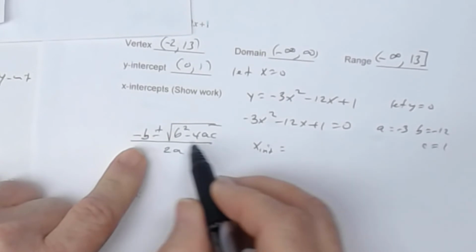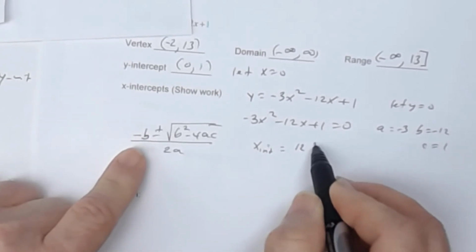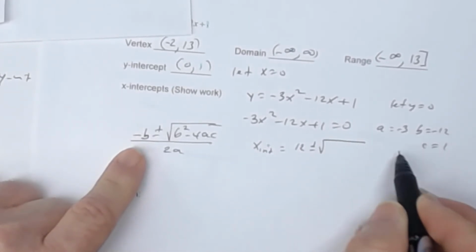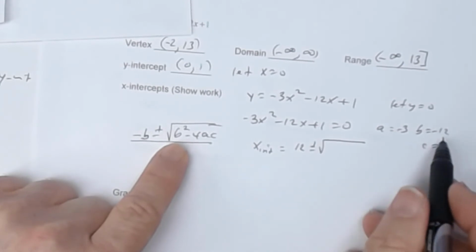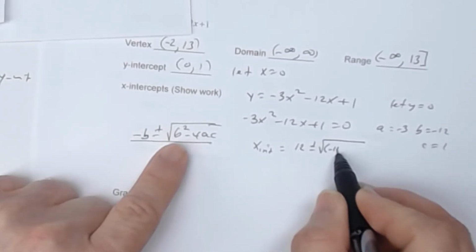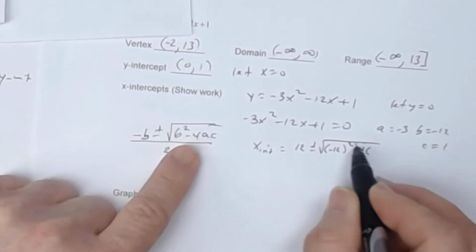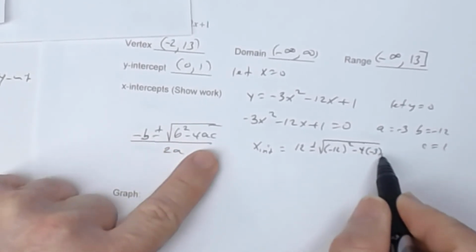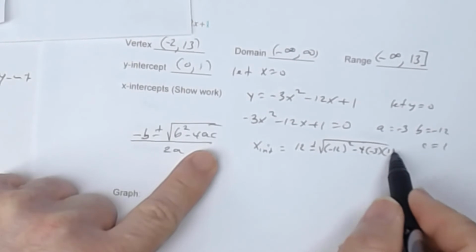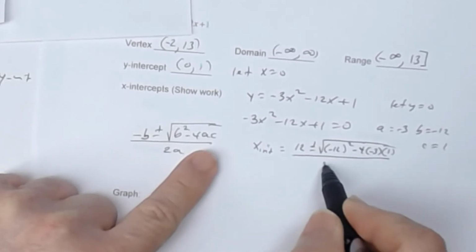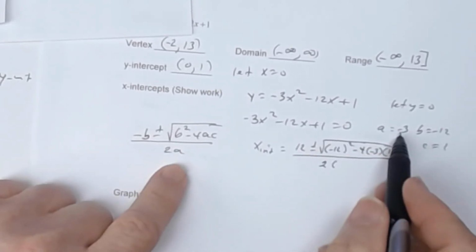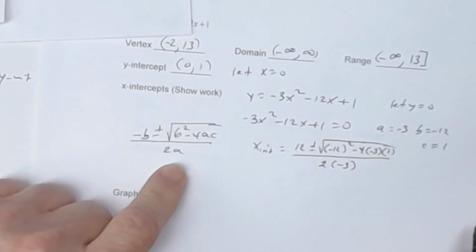The opposite of b is a +12, plus or minus the square root of b squared. Put that in parentheses. (-12) squared minus 4 times a, which is -3, times c, which is 1, all divided by 2 times a, and a is -3.